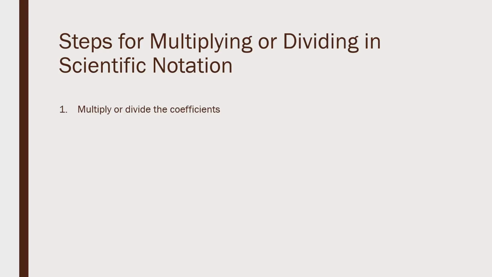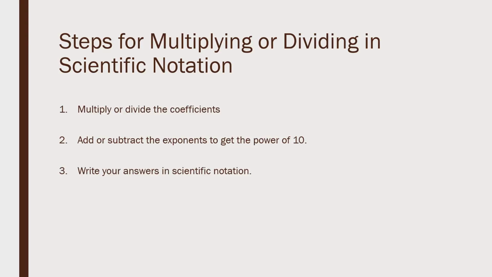Okay, so the steps for multiplying and dividing scientific notation are first to multiply or divide the coefficients. So think back to when we have something in scientific notation, such as 4.5 maybe times 10 to the 6th. Remember, this is the coefficient, and then this is our power of 10. Now, when you're multiplying or dividing, you're going to have two sets of this.